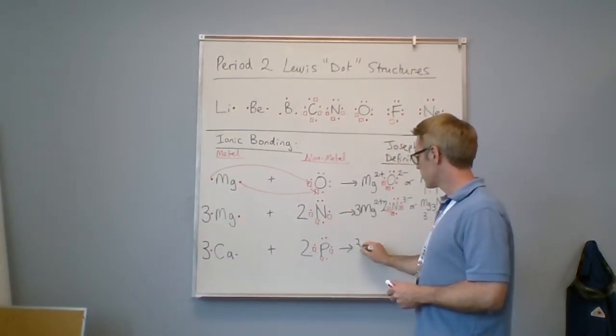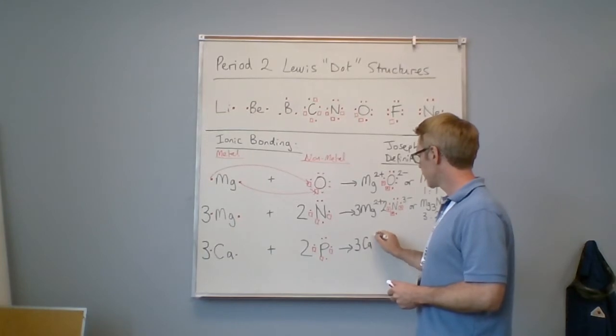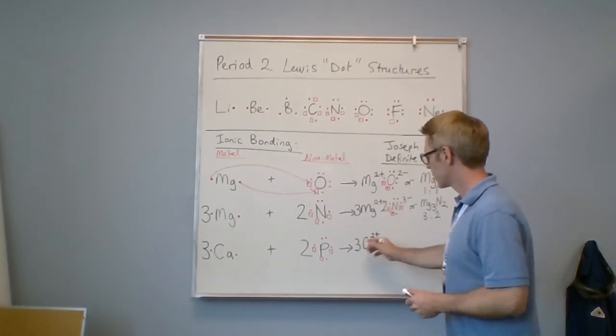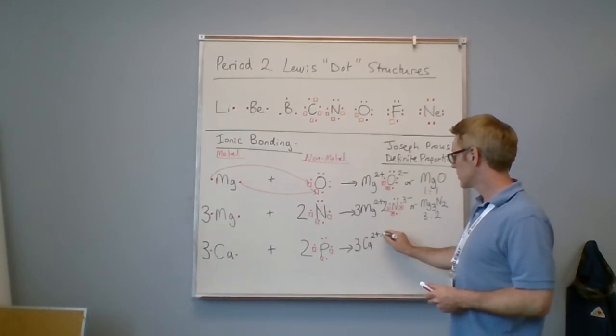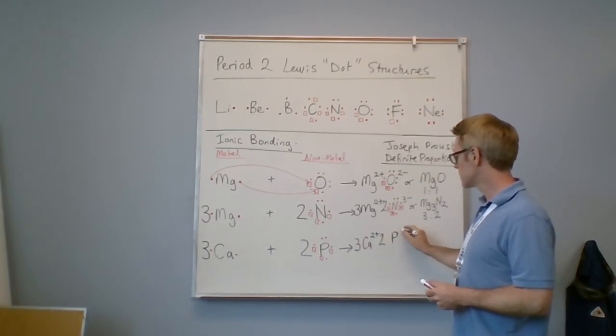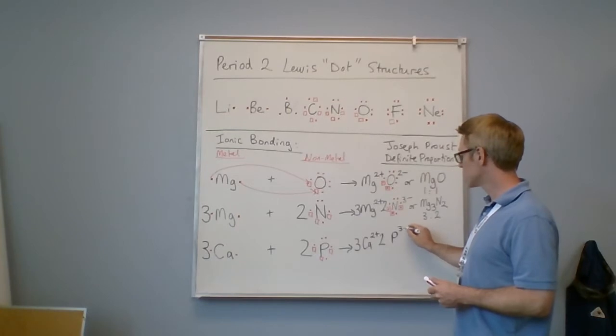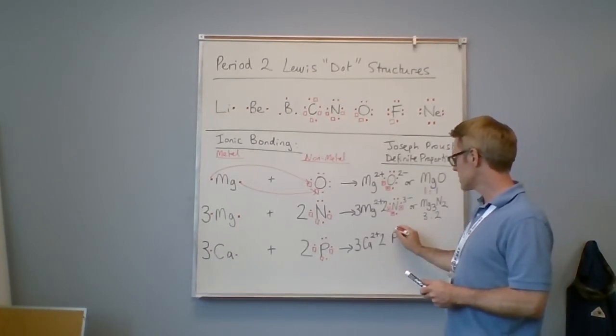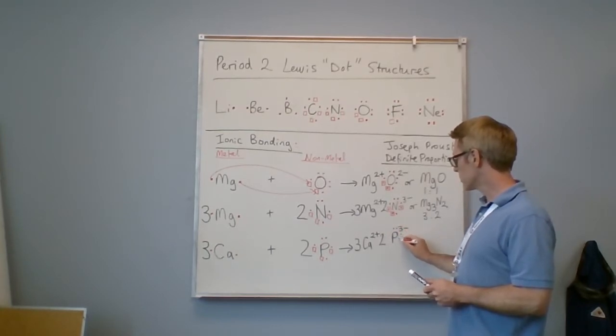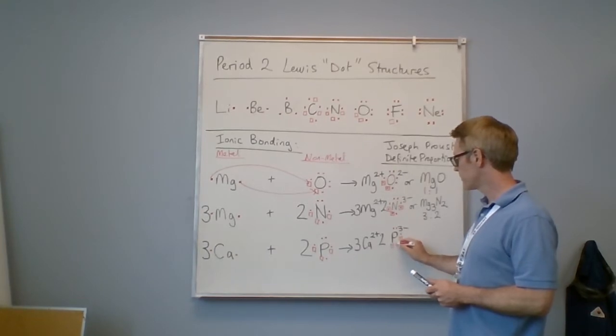I have 3 calcium. So I've got 6 positive charges. I've got 2 phosphorus. Now the phosphorus acquires a 3 negative charge each, because each phosphorus has now accepted 3 electrons.